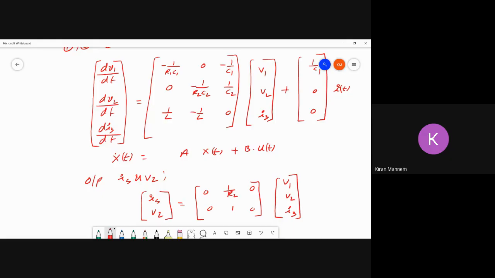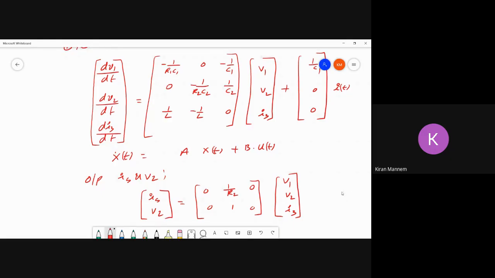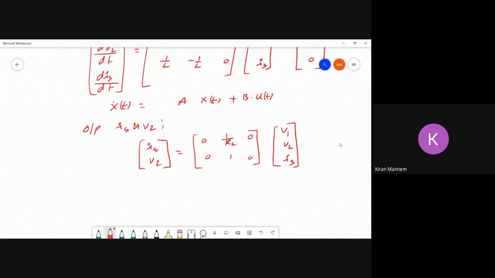We don't have any input multiplied by a D matrix. So y of t is equal to C into x of t plus D into u of t, and in this case I don't have this term, so the D term is 0. You have the C matrix and this is your x of t. So you can represent your output variables using state space equations or the state model.